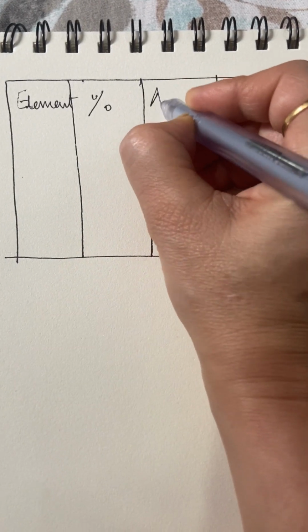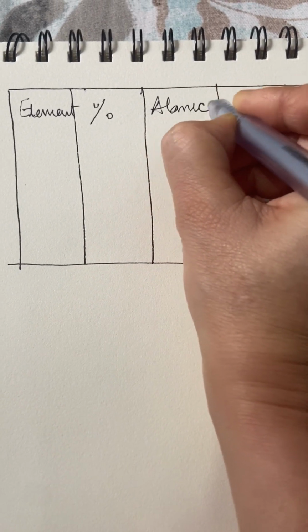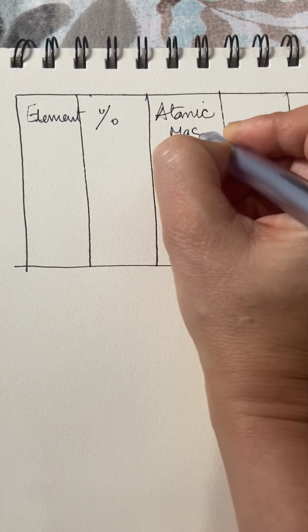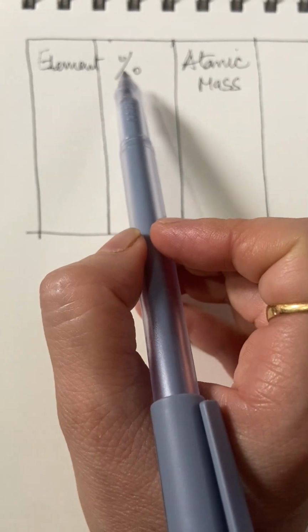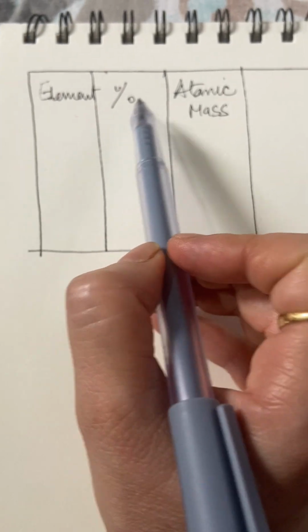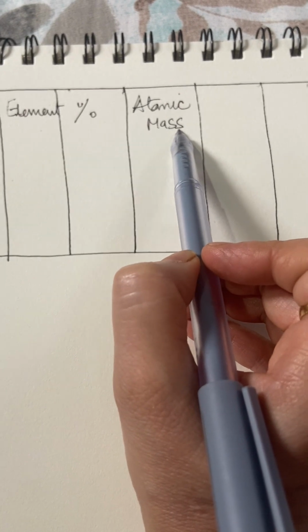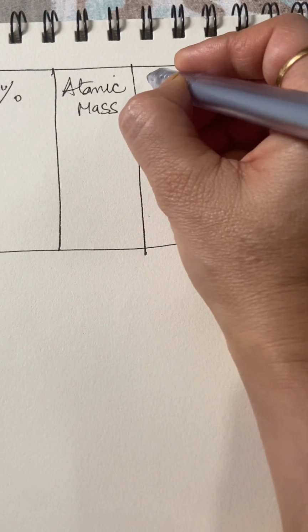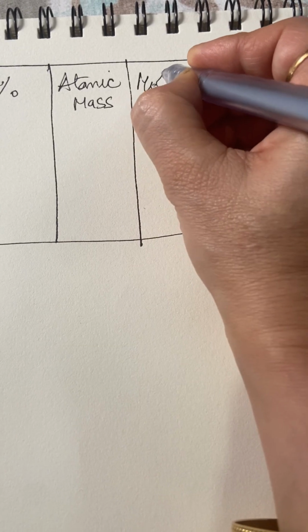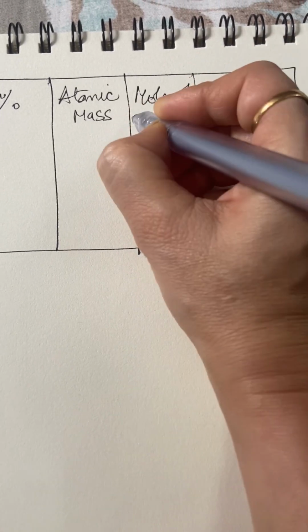The third will be atomic mass. In these you don't have to solve anything. You will be provided with the element name, the percentage, and the atomic mass. Only the next 3 columns are important, where you have to calculate the number of moles of an atom.